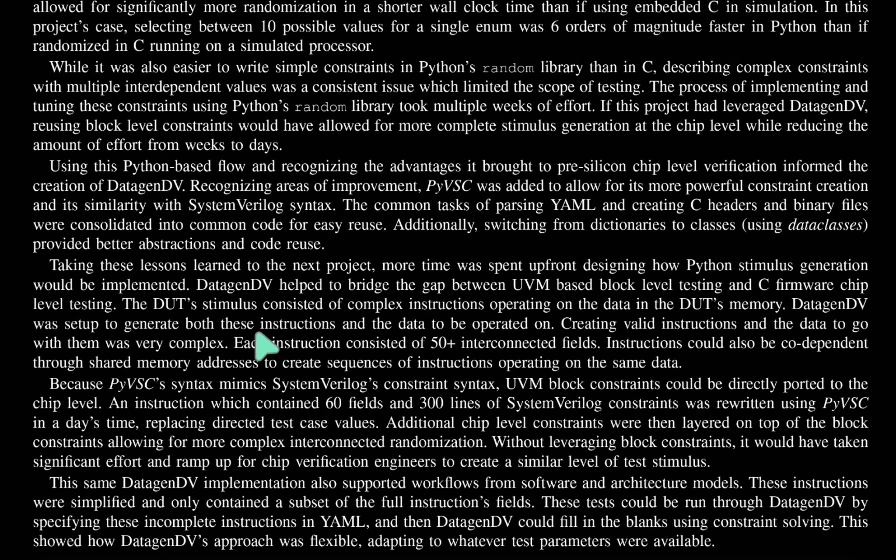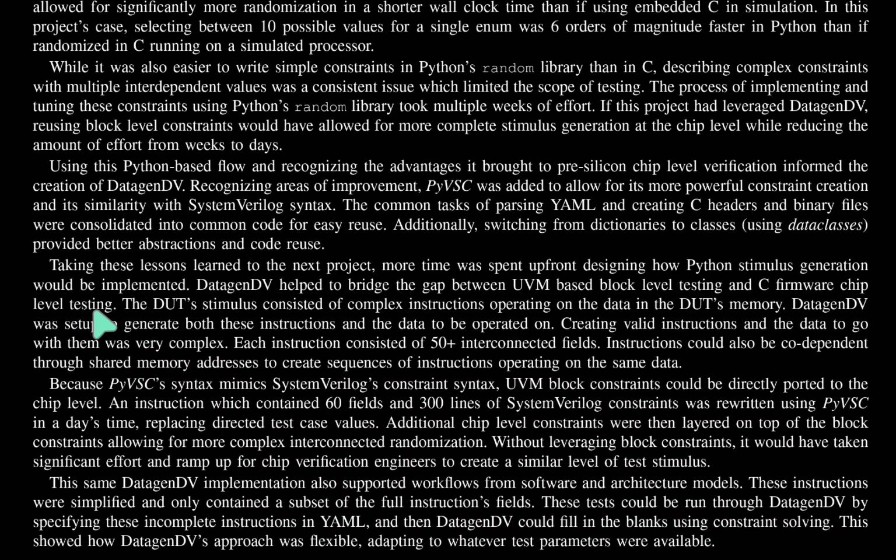Taking these lessons learned into the next project, more time was spent upfront designing how Python stimulus generation would be implemented. DatagenDV helped to bridge the gap between the UVM-based block level testing and the C firmware chip level testing.